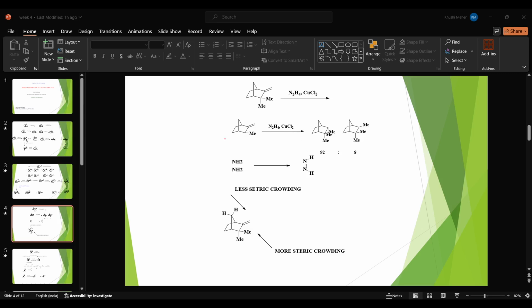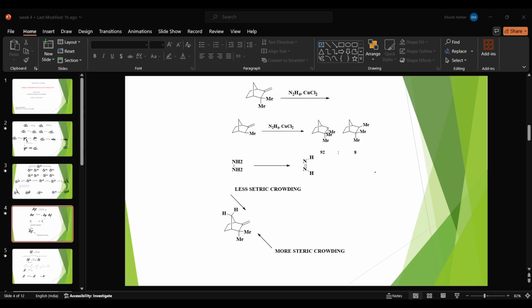That's why they designed such a catalyst containing nitrogen and boron. This nitrogen donates a lone pair of electrons to BH3, and the lone pair of electrons on the oxygen will coordinate to our boron. Then only will the hydride be transferred, and we'll get our corresponding product.